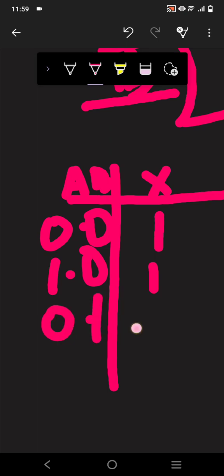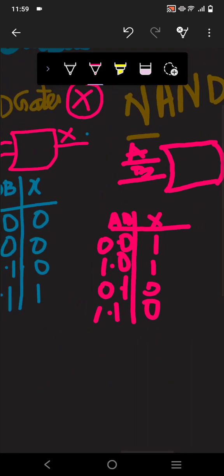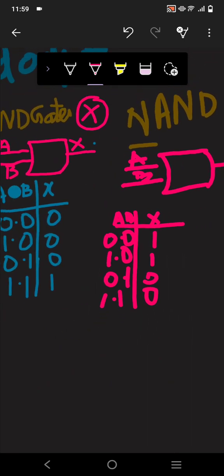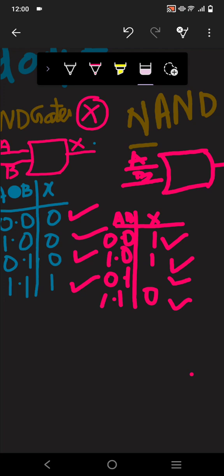Likewise in all. As you can see, if we do the comparison, the input and output are coming 0, 1, 0, 1, reciprocal. Now here 1 and 1. Here 0 will be coming, as we have discussed that it is the reciprocal.